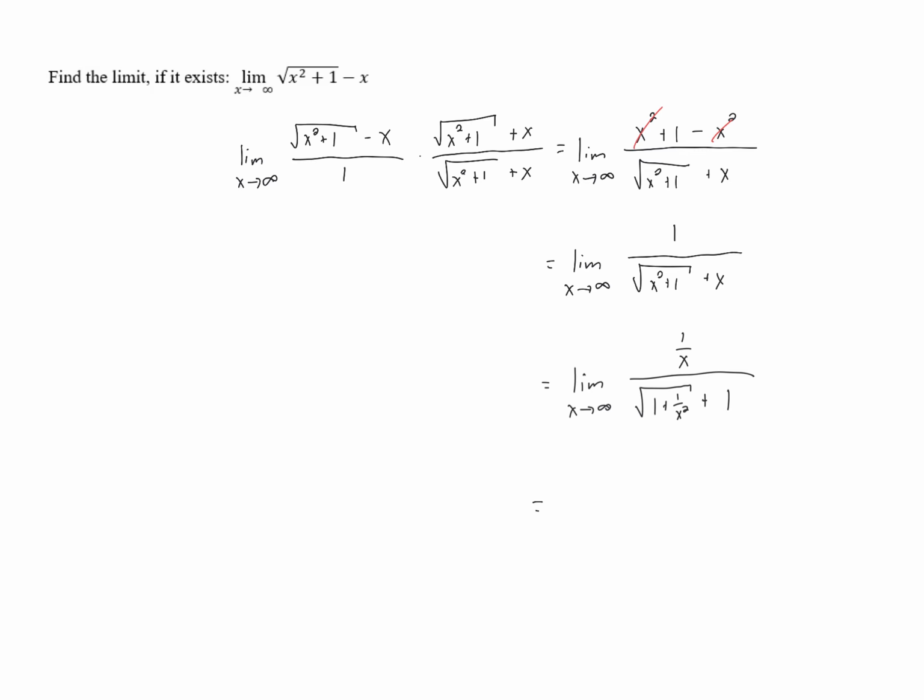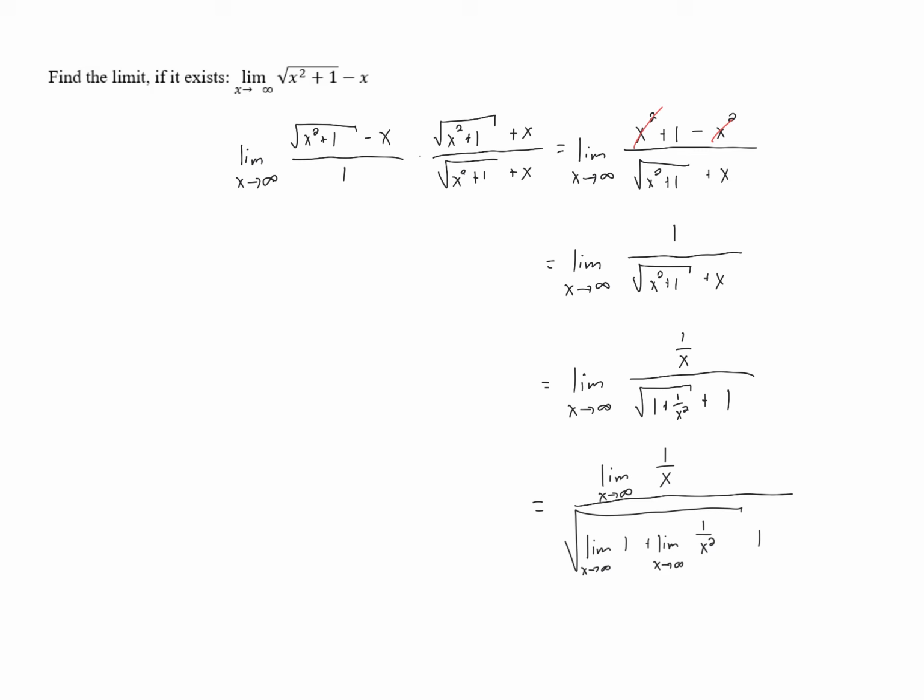All right. So now we're at the point where we can take this limit and bring it into the fraction in the numerator and denominator. We can split up these terms as separate limits, and then we can pull that limit inside the radical. We can use all those limit laws, and this gives us the limit as x approaches infinity of 1 over x, all over the square root of the limit as x approaches infinity of 1, plus the limit as x approaches infinity of 1 over x squared.